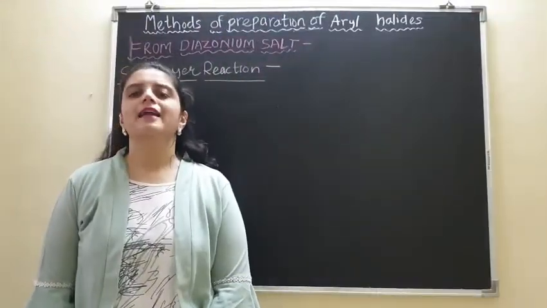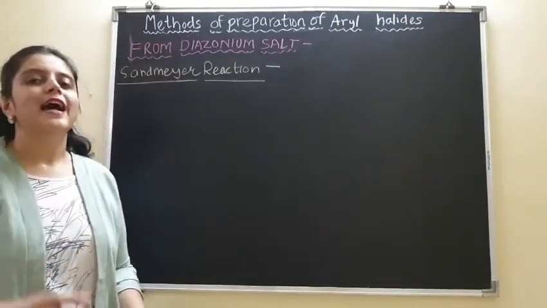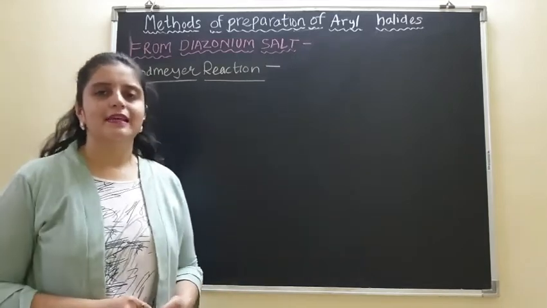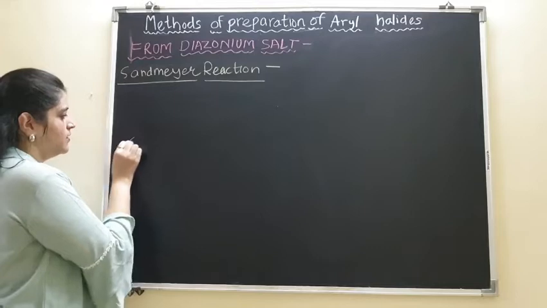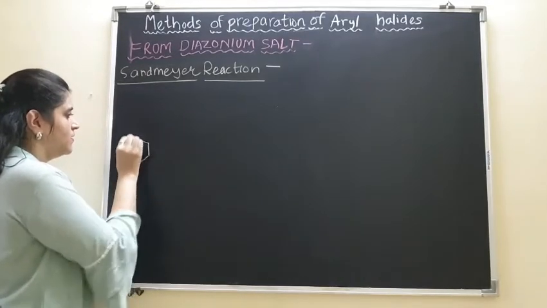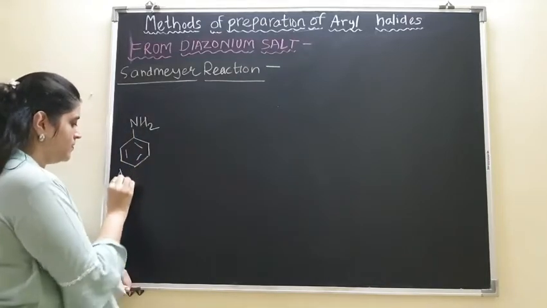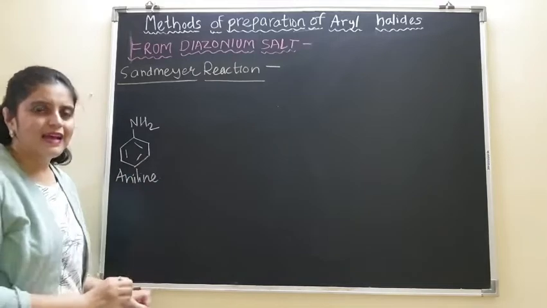Let us summarize the diazotization reaction and the Sandmeyer reaction together. We start with an ice cold solution of aniline and make it react with HCl and NaNO2. So we can write it this way. This is aniline.